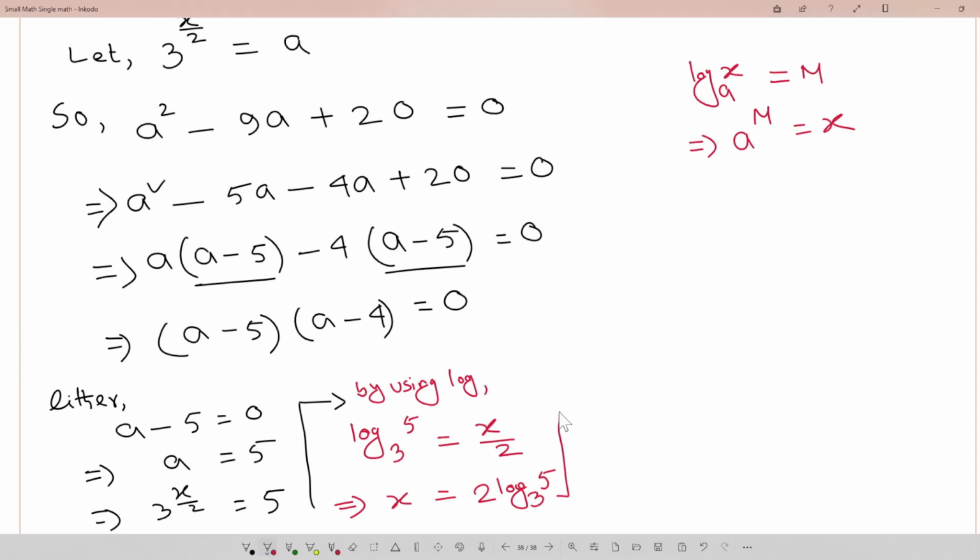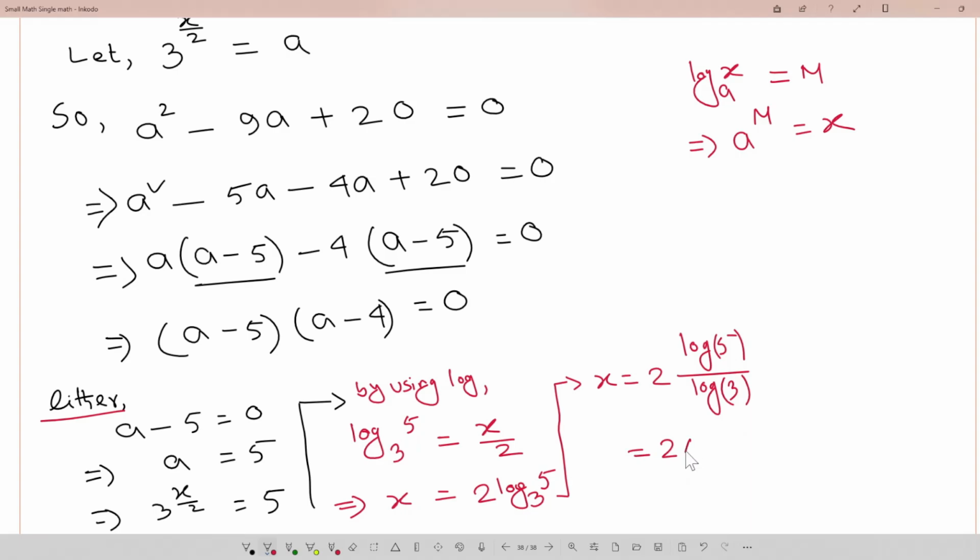So x equals 2 times log 5 by log 3. Log 5 base 3 we can write as 2 times log 5 by log 3.